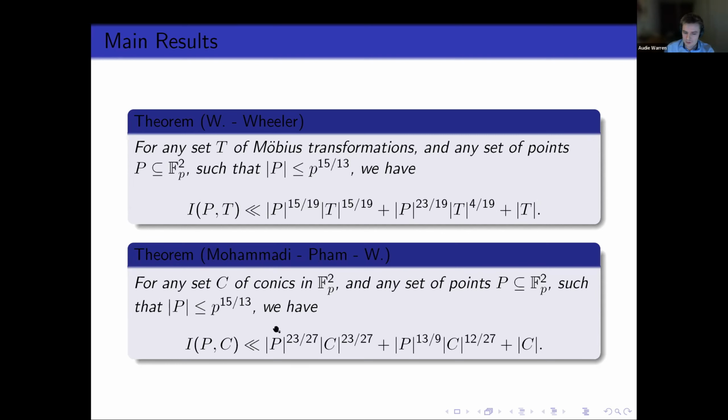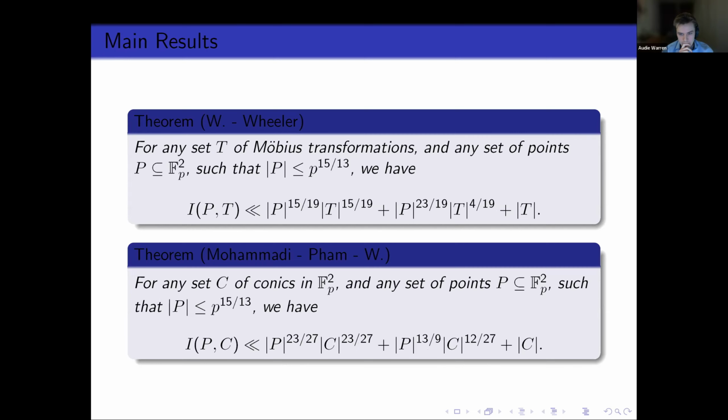Then we have a non-trivial upper bound for the number of incidences. Again, here we have two exponents which are less than 1, which gives us a non-trivial range of balancing where this is better than what we knew before. We have a first error term which is bigger than it should be because of the method, and then a second error term which is basically the same as the error term from Szemerédi–Trotter.